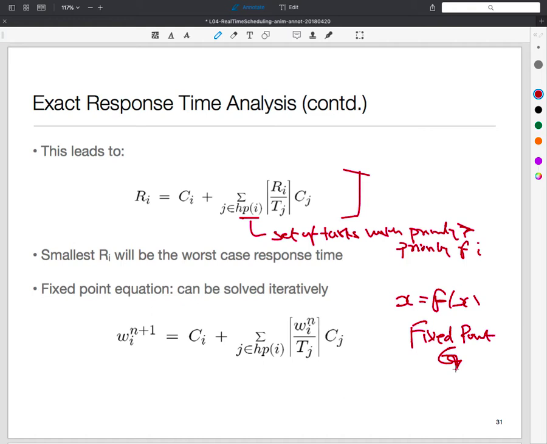Everything is positive. So I may end up with a situation that my guess hasn't converged, but it has become larger than my deadline. Then I can give up. Or it may converge, in which case I have my solution. Okay. So this particular equation is reasonably well behaved. One of the two things will happen. It will either keep increasing and exceed the deadline and then you stop, or it will converge, which means you will find at some n that W_i^n is the same as W_i^(n+1), and then you can stop.